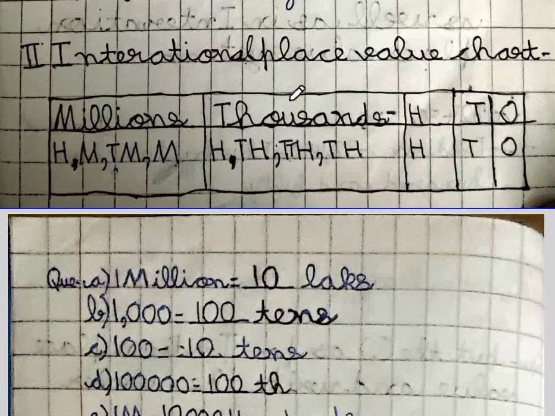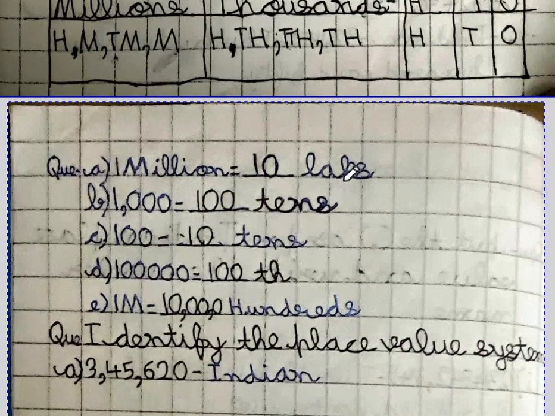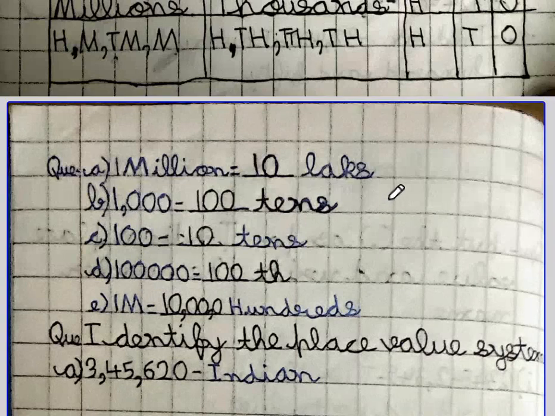Now we are moving to the international place value chart. International place value system will be having, we have already seen that for tens, hundreds, thousands, 10,000s will be same, but after that it will be 100,000s, 1 million, 10 million. So 1 million is equal to 10 lakhs, and they will be calling the thousands as 100 tens. We can call it, right, because 100 into 10, what will be the answer?